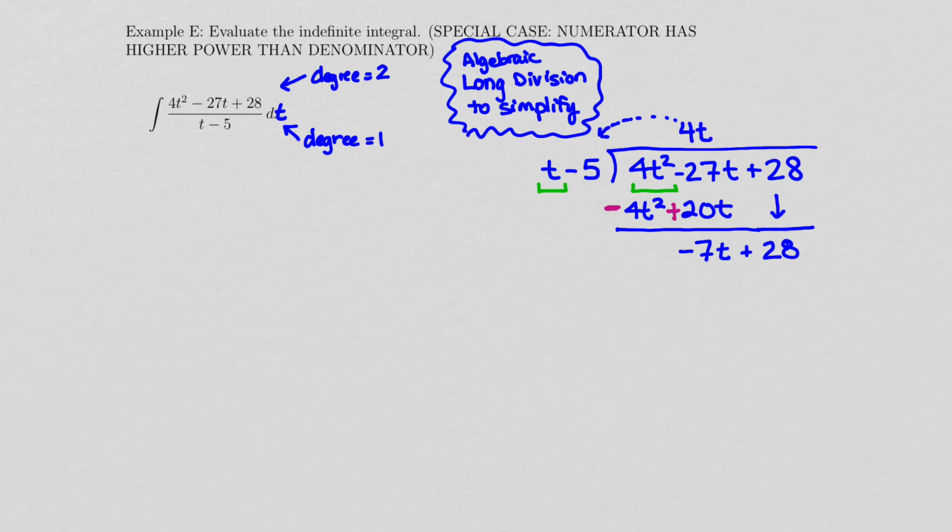And then we repeat the process, right? We zoom in again on that lead term t, but also negative 7t. So up top, we have to multiply by negative 7, so that when it multiplies through, it gives us negative 7t plus 35.